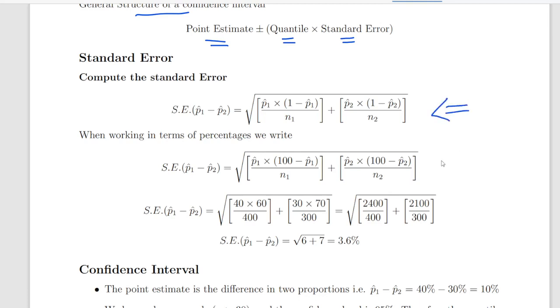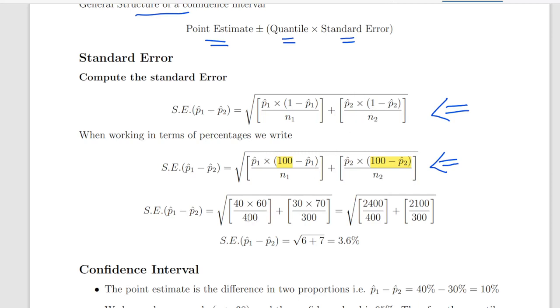Just as a quick remark, what we could do is work in terms of percentages. The only thing that's different there is to express the complements in terms of 100 minus such and such. So if we're dealing with percentages, which might be easier here, we just have to change that 1 minus p hat 1 to 100 minus p hat 1, because we're denominating our percentages between 0 and 100.